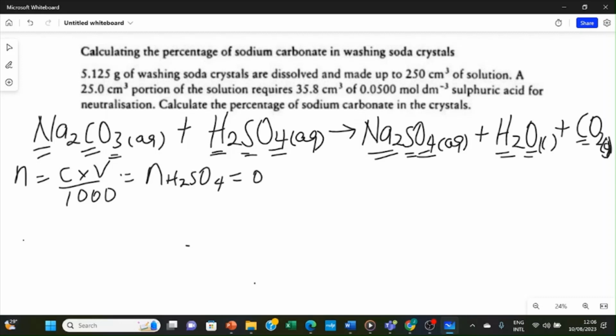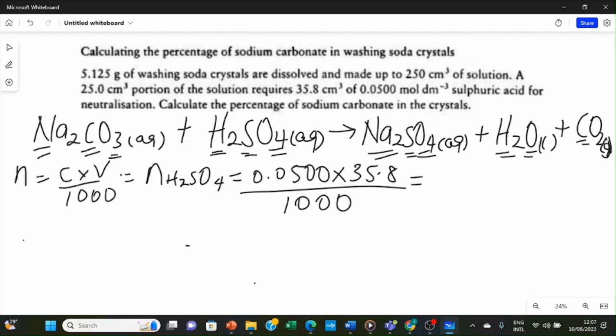The concentration is 0.0500 multiplied by the volume, 35.8 cm cube, divided by 1000, because the volume is in cm cube. If you multiply 0.0500 times 35.8, then divide by 1000, you get 0.00179 moles of sulfuric acid.